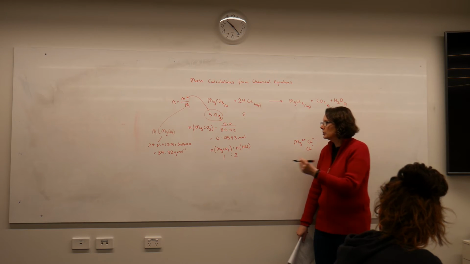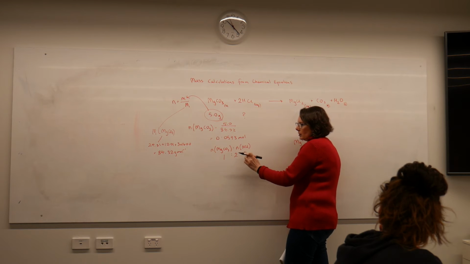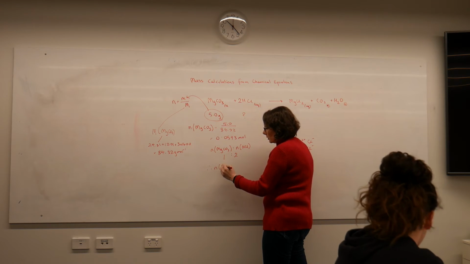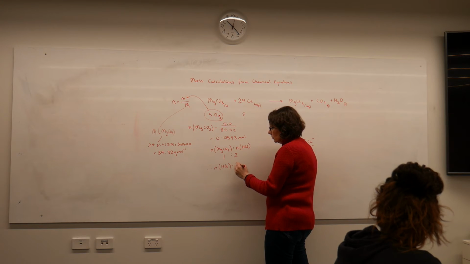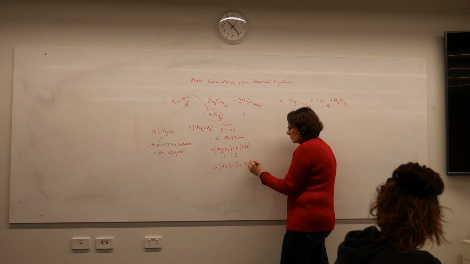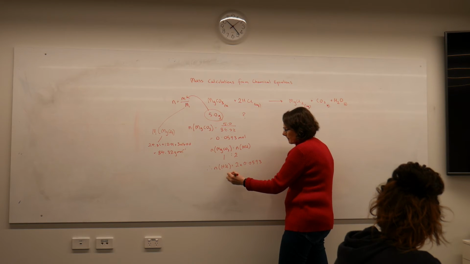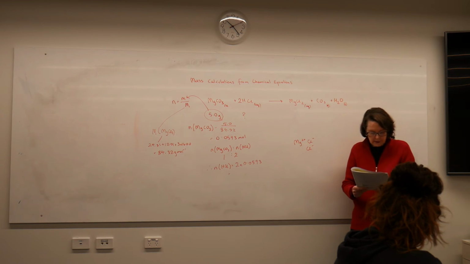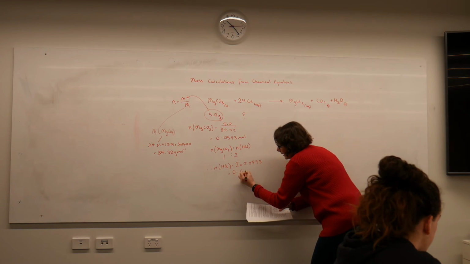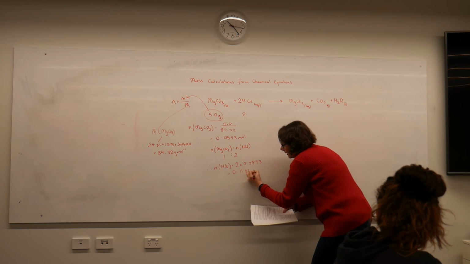Which means, because this is one I have and this is one I'm finding, the moles of hydrochloric acid will equal 2 times the moles of the magnesium carbonate. Is that reasonable so far? 0.1186 moles.